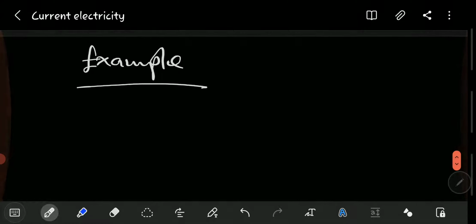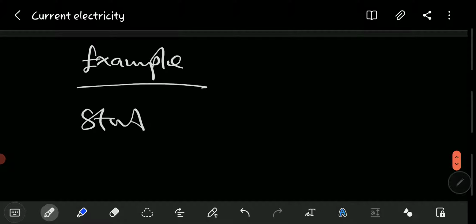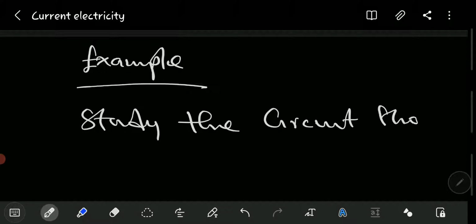So we can just do a quick example. Example: study the circuit shown below.